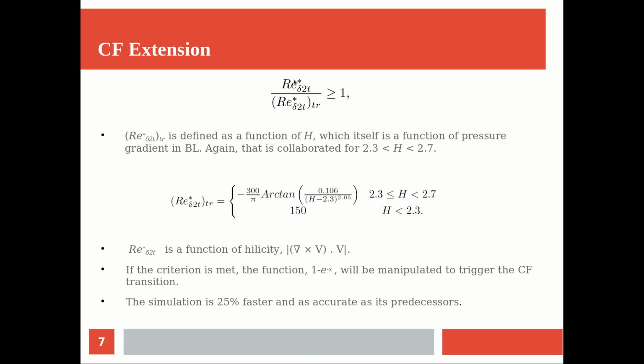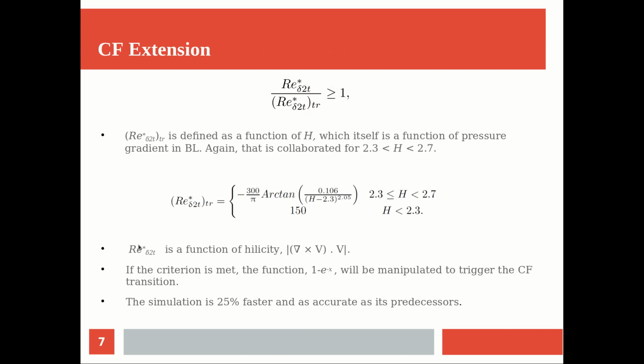In fact, the numerator will be calculated based on helicity, and the denominator will be calculated based on this function, which depends on the H shape factor, which is an empirical curve fitting of pressure gradient.